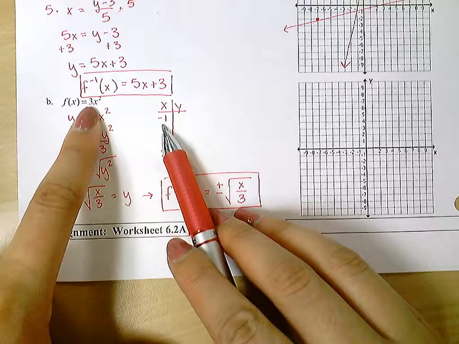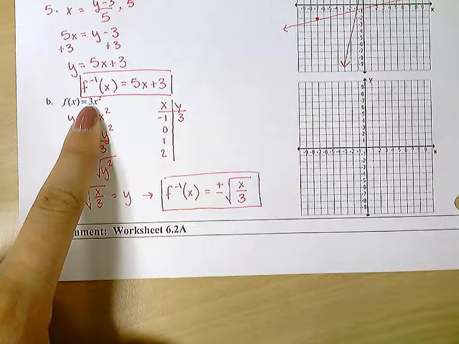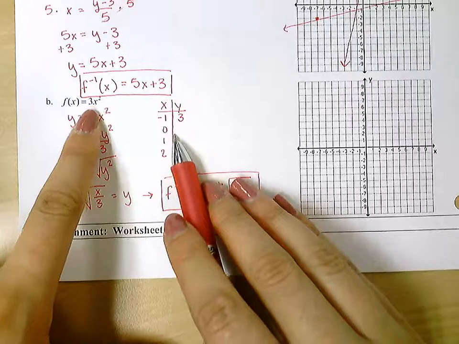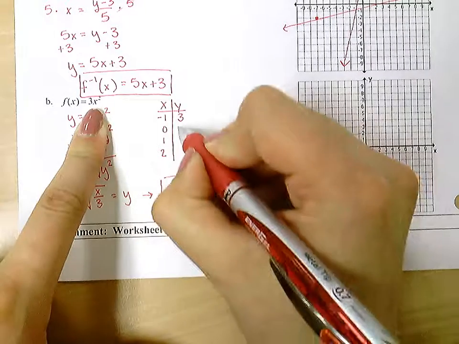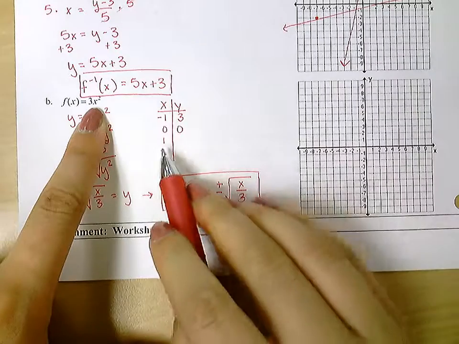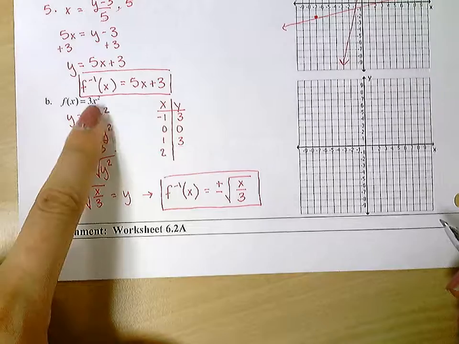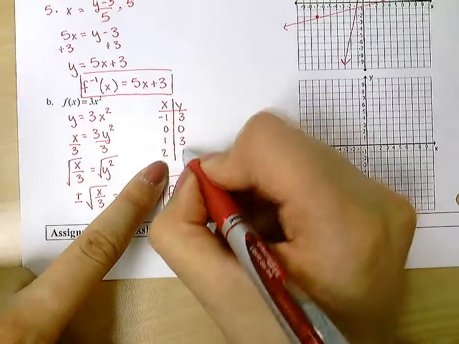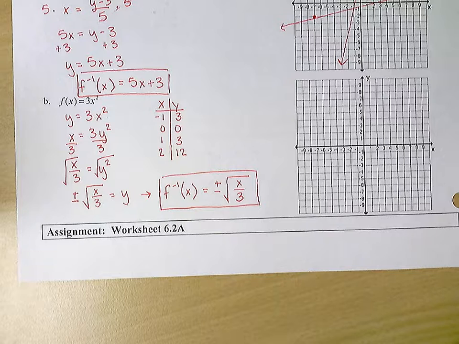Multiply that by 3. That's just 3. If I plug in 0 for x, what do I get? 0. If I plug in 1 for x, what do I get? 3. How about 2? Yes. When I plug in 2, I square 2 to get 4. 4 times 3 is 12.